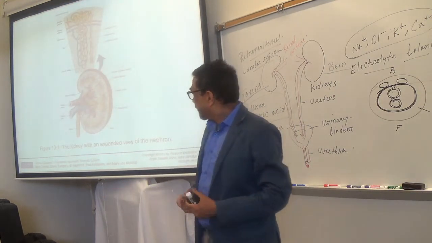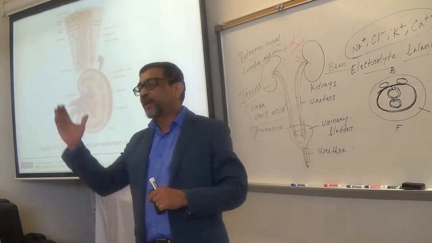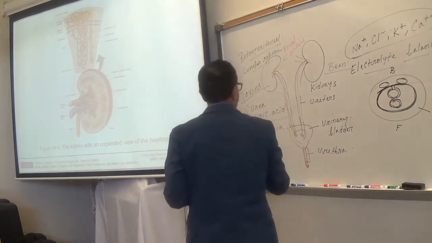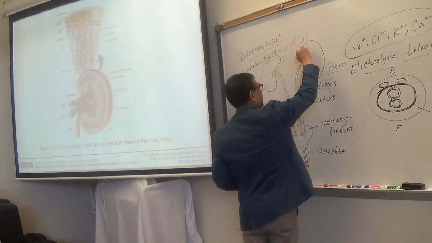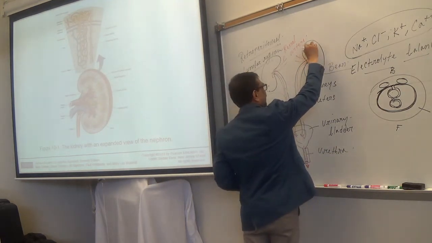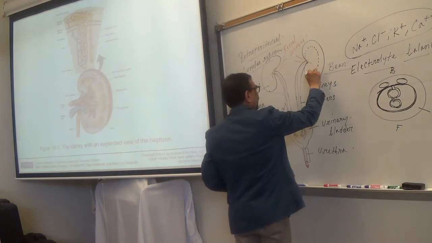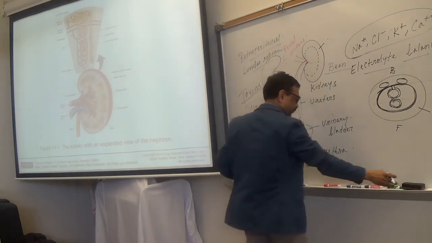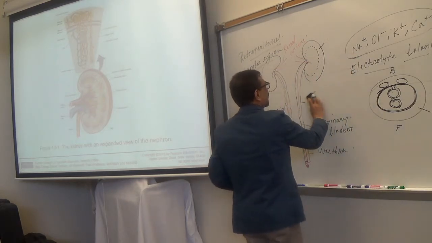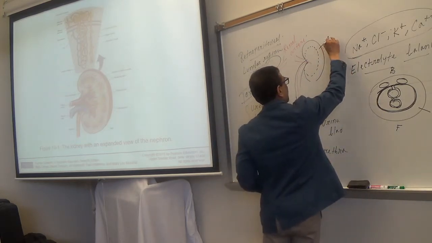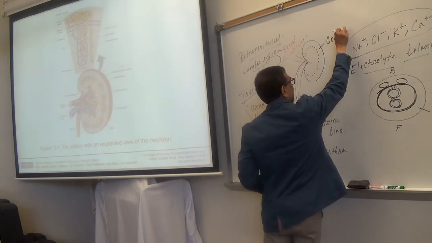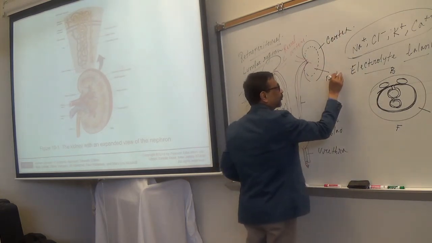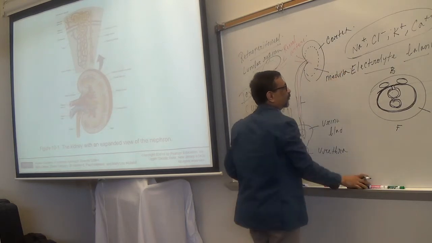Now, if you cut the kidney and see inside, what are the structures you will see? First thing you will see is the outer and inner part. Outer part is called the cortex. And inner part is called the medulla.